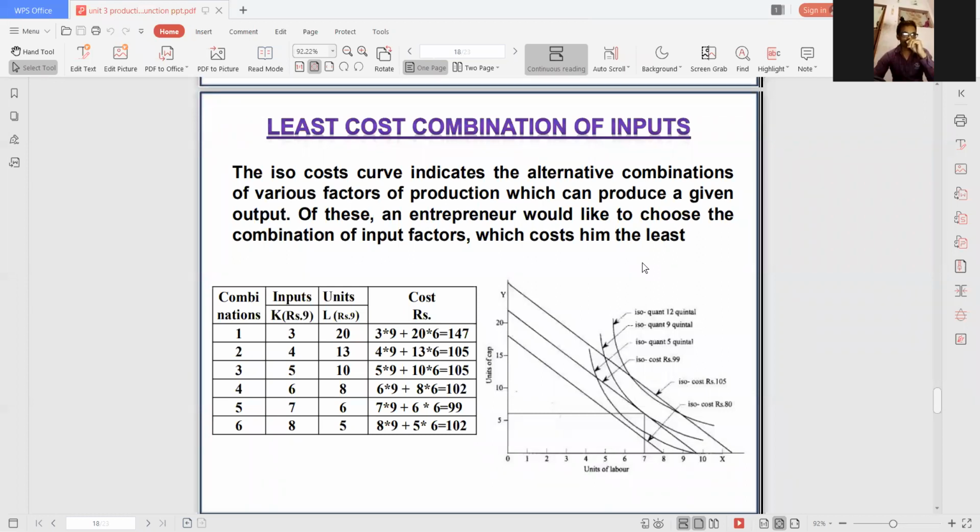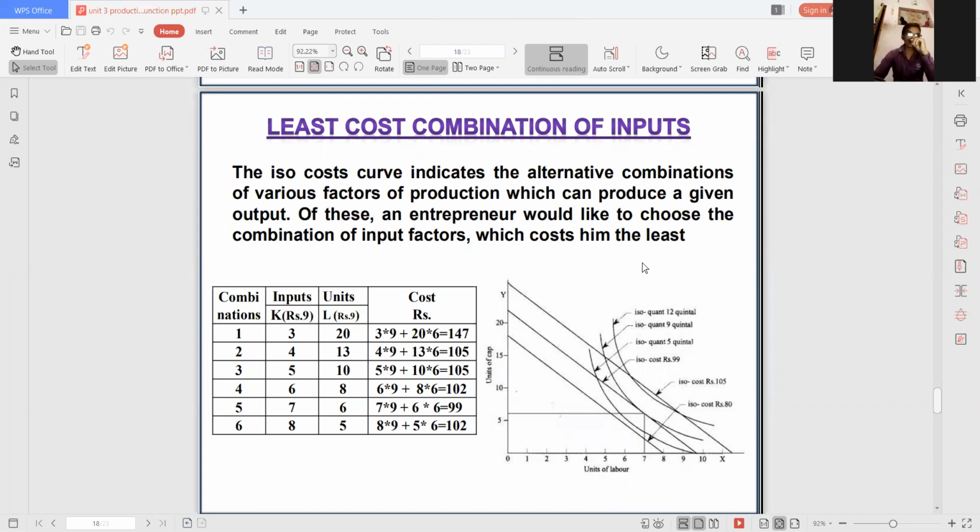And for the second case, we are increasing inputs from 3 to 4 and reducing labor from 20 to 13. Here we are increasing one input factor and decreasing another input factor. In the same fashion, if we are increasing one input factor, we are decreasing the other continuously: 5, 10, 6, 8, 7, 6, 8, 5.